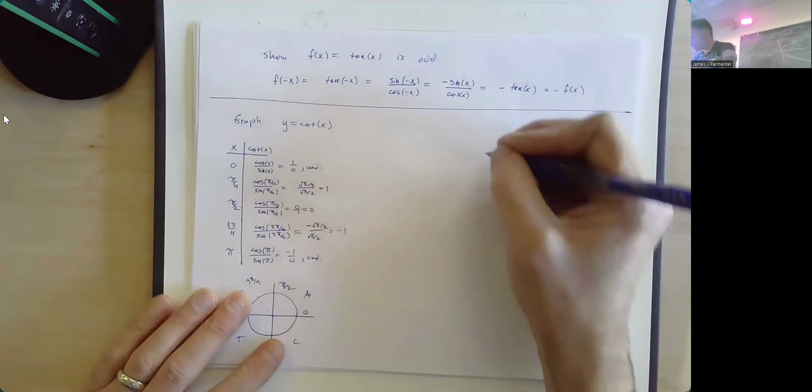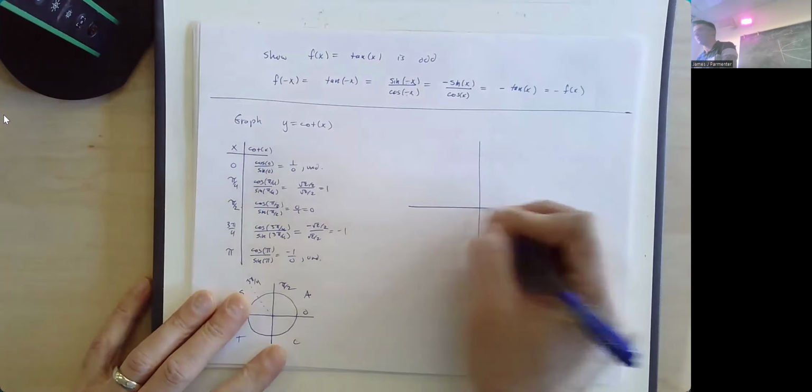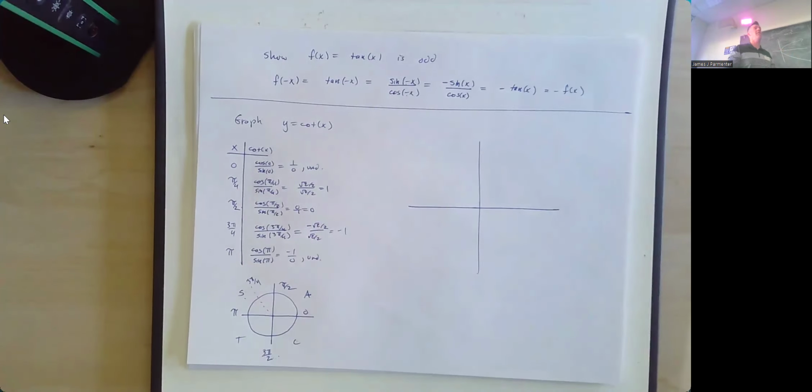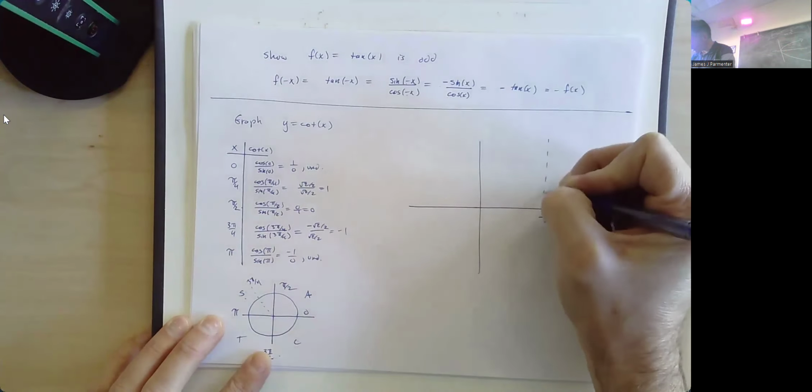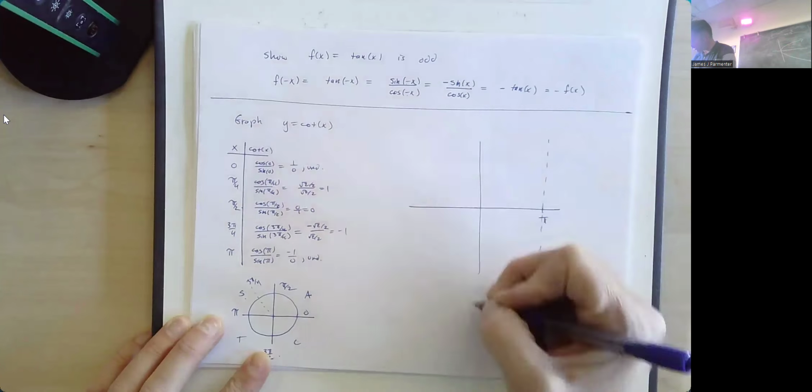All right. The graph of cotangent is going to look very similar to the graph of tangent, just like the graph of sine and the graph of cosine also look very similar. They're just shifted from each other. This one actually looks more like it's reflected and shifted. Instead of going up from left to right, it's going to go down from left to right. So at pi, an asymptote here.